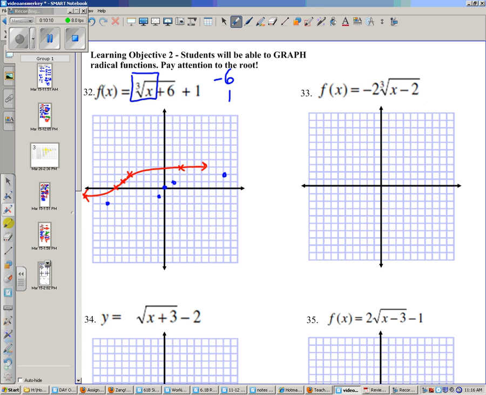All right, next one is also a cube root. So when I graph it, I am going to graph it with just the A. When I look at how it's going to shift right 2 times, but then it's not going to shift up and down at all. So here's my original points.